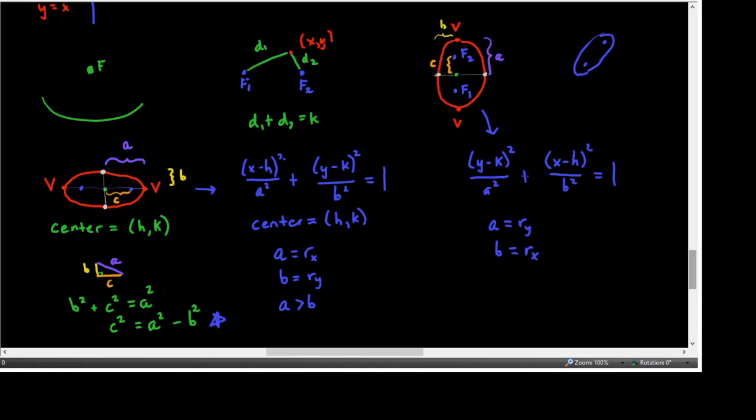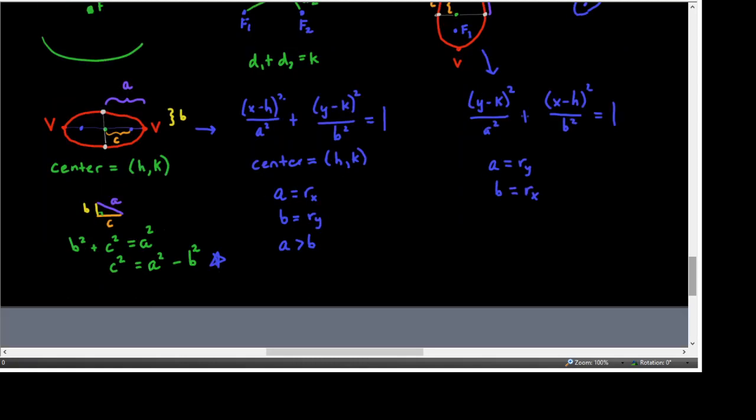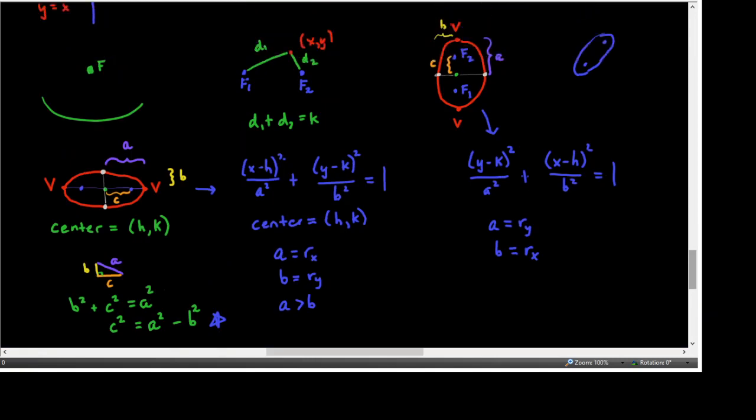All right, so for all of that, I don't like these two equations as well as I like the one I want you to work with, which is one equation that fits both situations. That is to say, x minus h quantity squared over the x radius squared. Whether that's the shorter or longer distance doesn't matter. It's still how far you're going to move in the x direction.